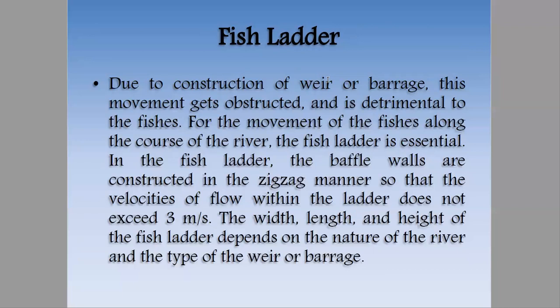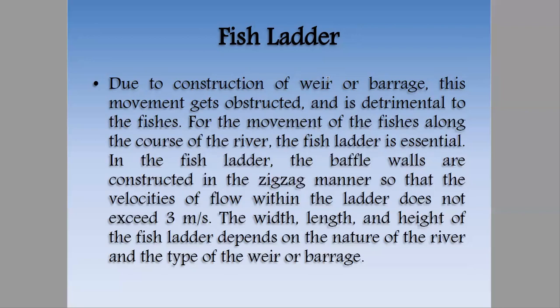Then they would not be able to go from downstream to upstream in monsoon season, or from upstream to downstream in winter season. So this will obstruct their movement and that could affect them. For the movement of fishes along the course of the river, the fish ladder is essential.